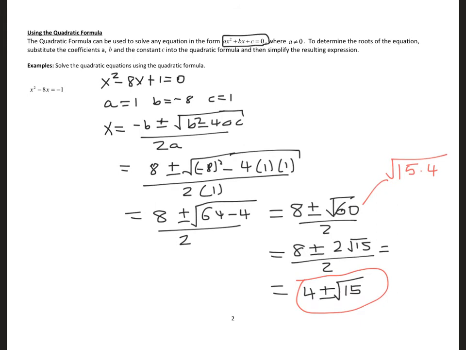Okay, so that's the answer. So let's move on. Here we have another example. I'll move everything over to the other side. So 2x squared minus 3x plus 7 is equal to 0.